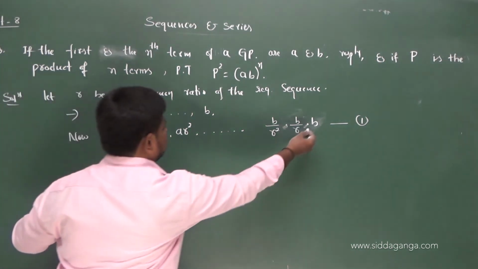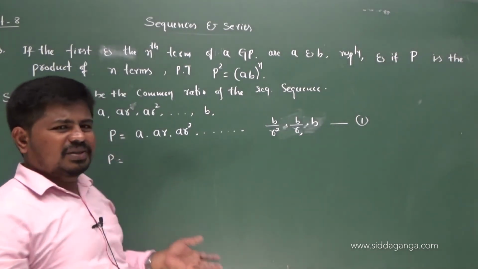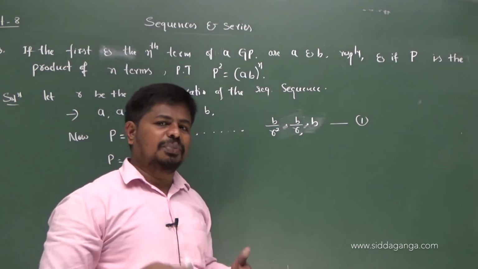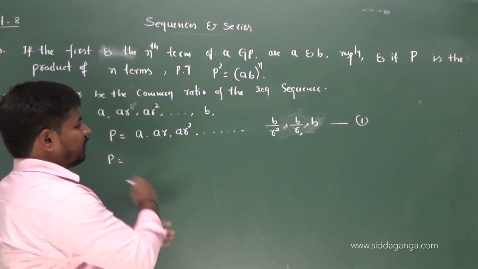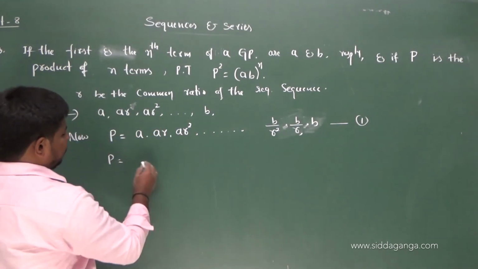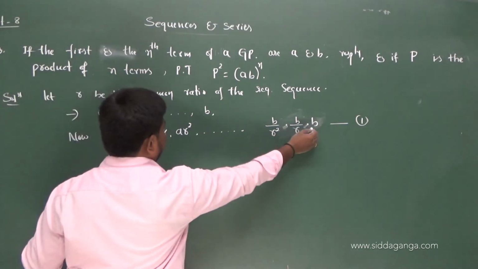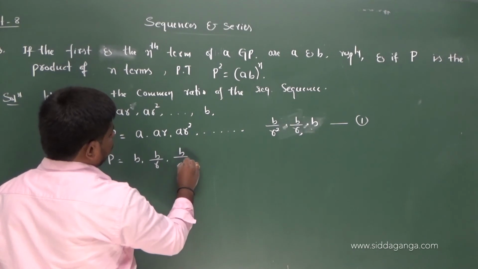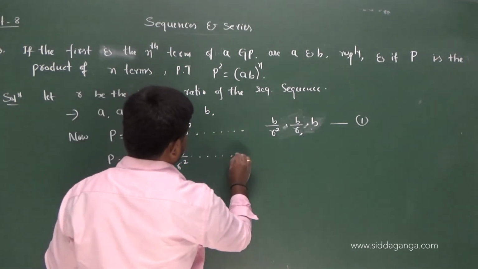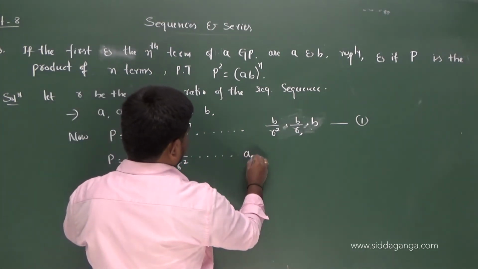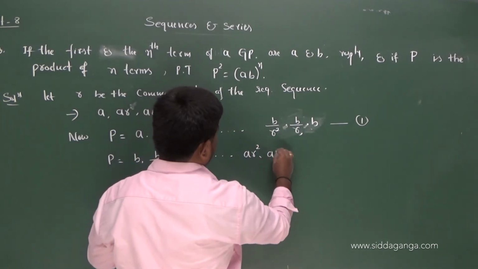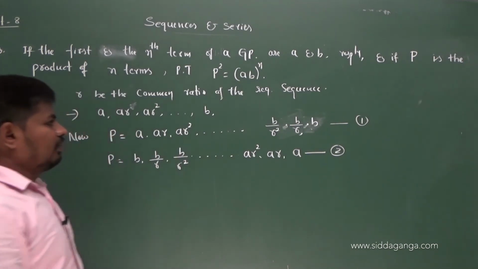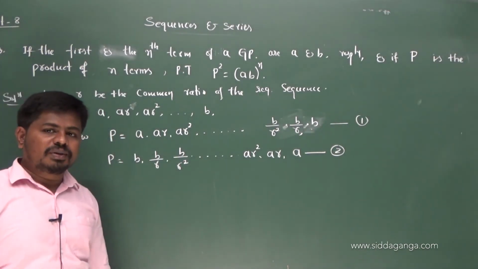A into B into C is the same as C into B into A. So in the reverse order: B into B by R into B by R square and so on, up to AR square into AR into A. Take it as equation 2. Hope you got this, students.